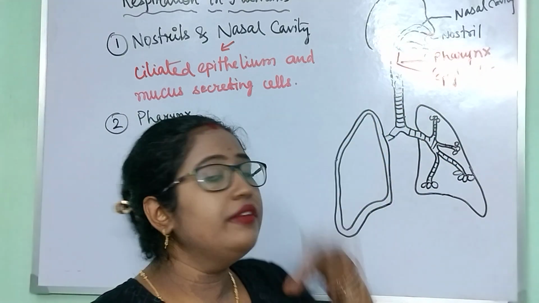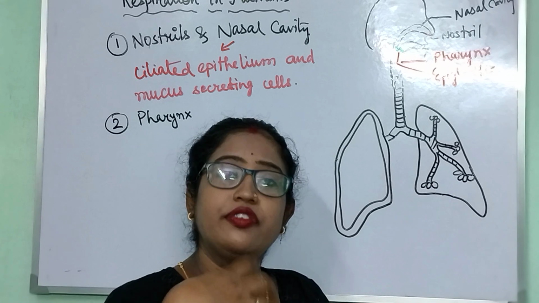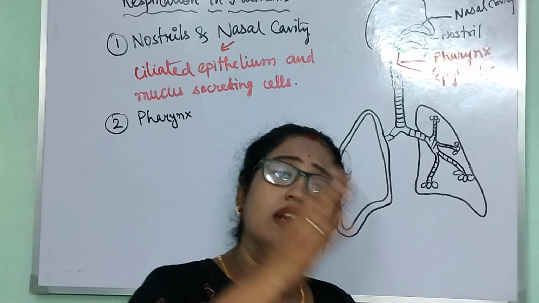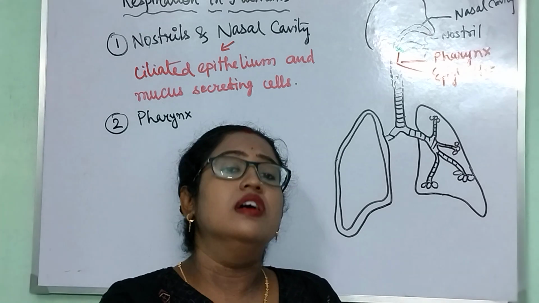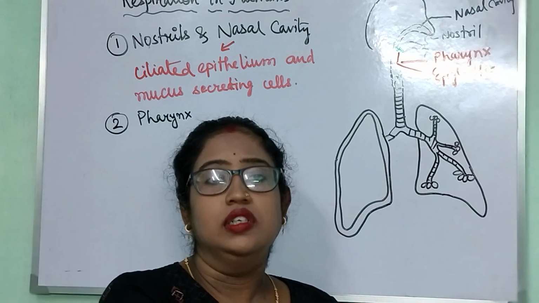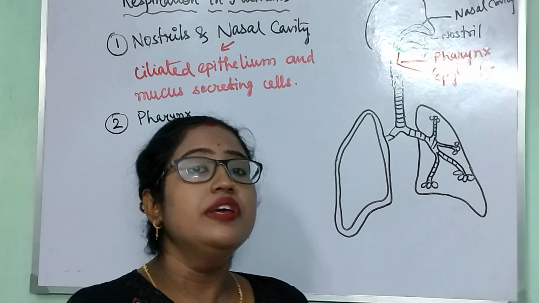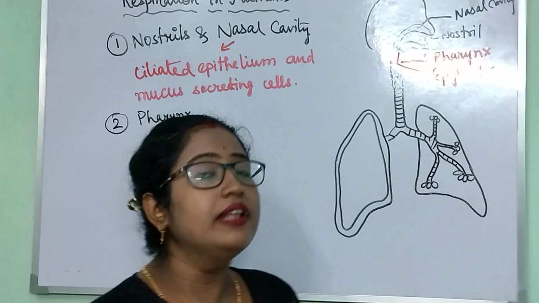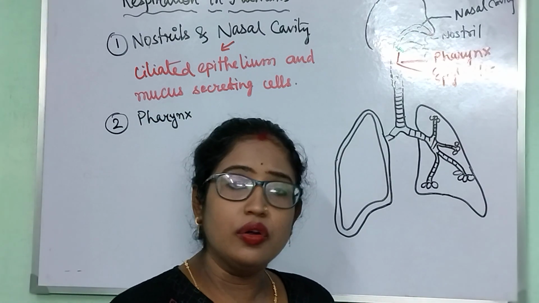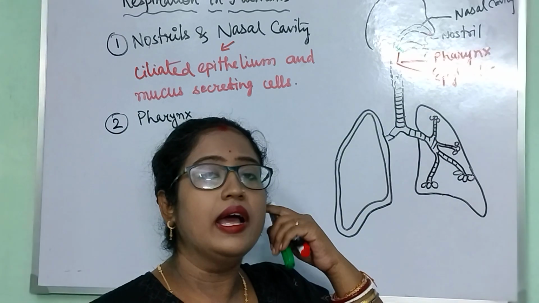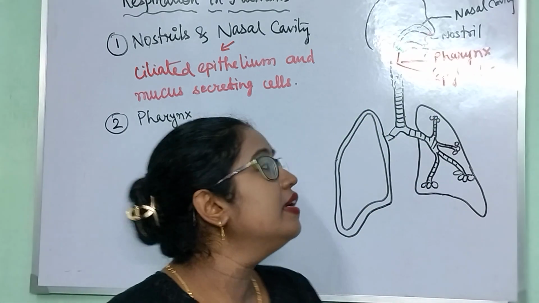So when we swallow food or drink water, the epiglottis closes the windpipe so that the food or water won't enter into it. But in normal condition, the epiglottis is open and the air passes through the pharynx.